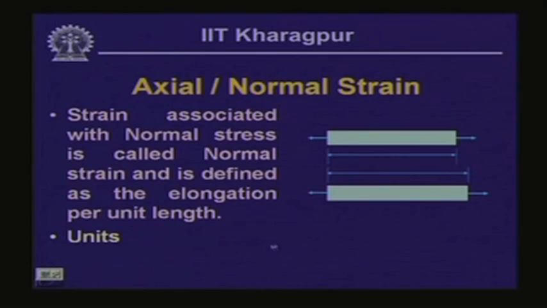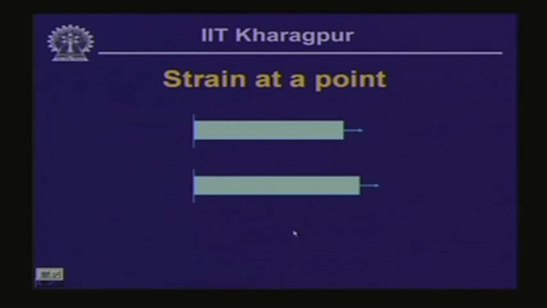Now, when we are calculating the strain for the deformation delta, we are assuming that there is uniform deformation in the entire length of the bar. If the deformation is not uniform, and we compute the strain from delta by L, we are assuming the strain in an average sense over the entire body.